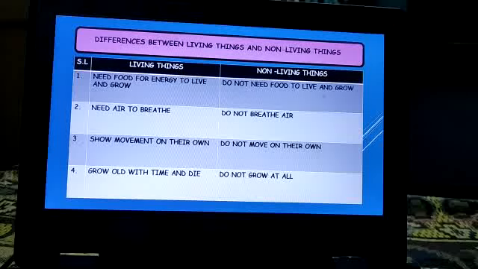The third point is that living things show movement on their own. Whenever we want to go from one place to another, we can go. But non-living things do not move on their own. They either need to be pushed or pulled to move. Fourth, living things grow old with time and die, and non-living things do not grow at all.